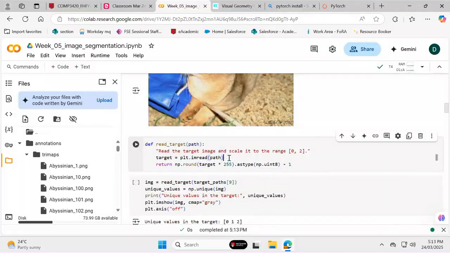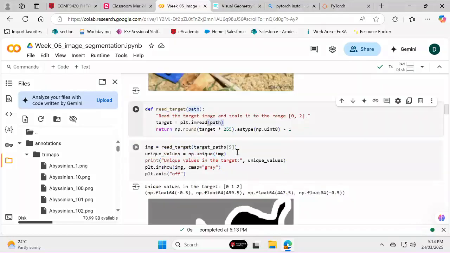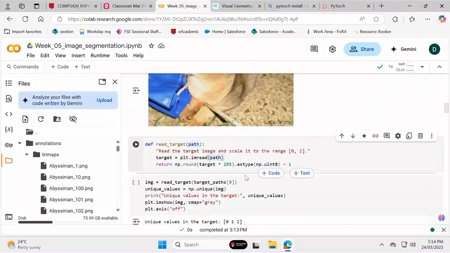Okay, we have to post-process the mask so that it can be displayed. So what I'll do is read the image and then do this multiplication. As it happens, when I apply imread, the result is between 0 and 1, and it needs to be between 0 and 2, right? 0, 1, 2.